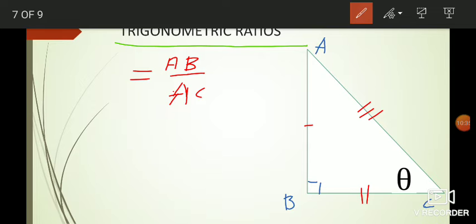What is it called? So if I take this angle as theta, the side opposite to the theta is side AB. So I can say it is opposite upon hypotenuse.